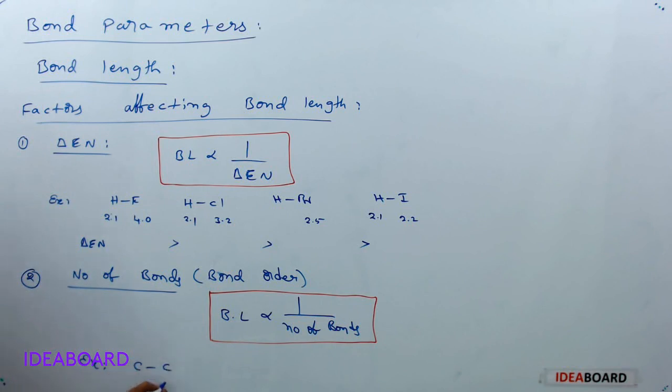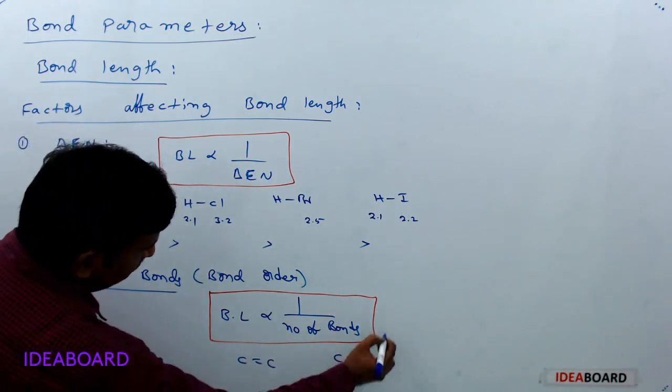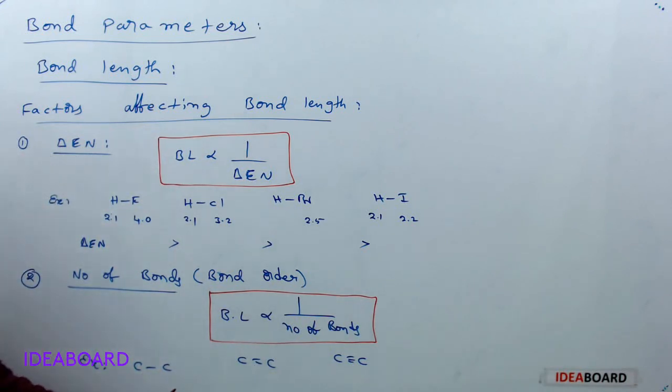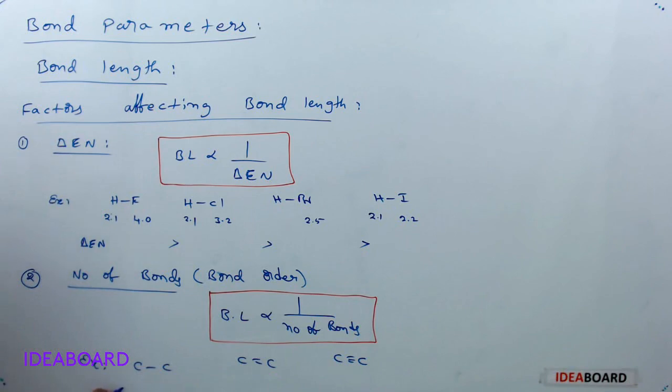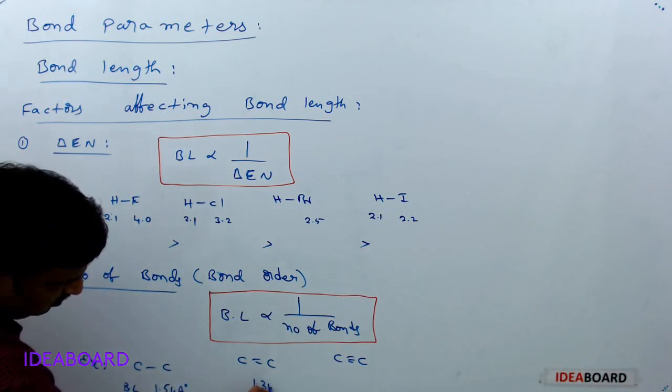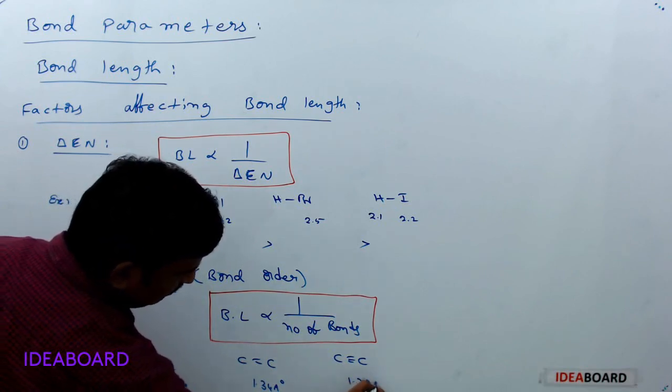Here C single bond C, C double bond C, and C triple bond C. Between carbon atoms there is a single bond, a double bond, and a triple bond, and the practically determined bond length values are 1.54 angstrom, 1.34 angstrom, and 1.20 angstrom.